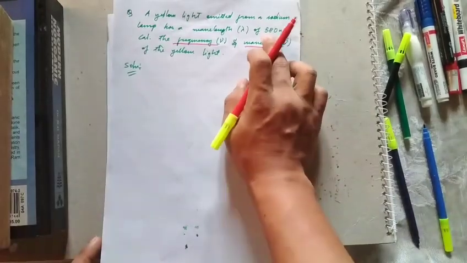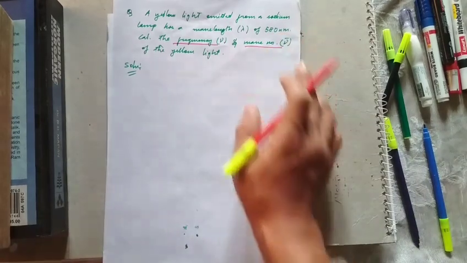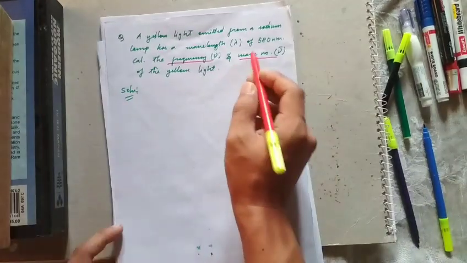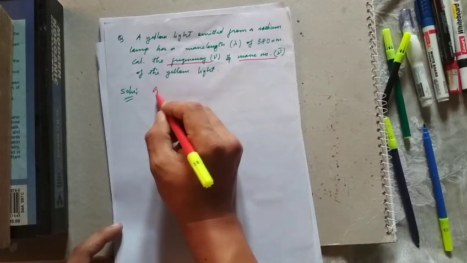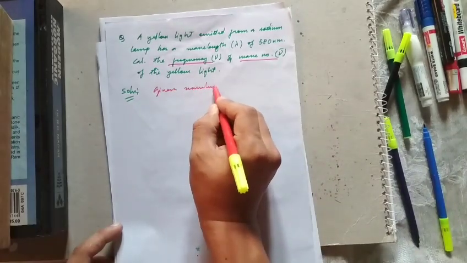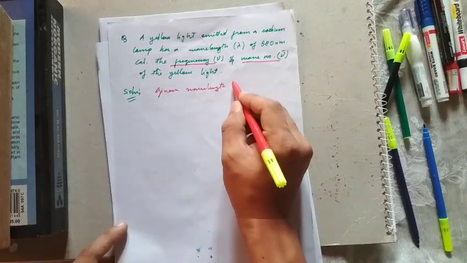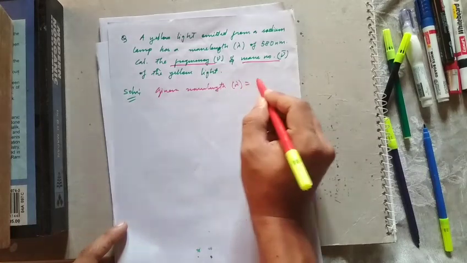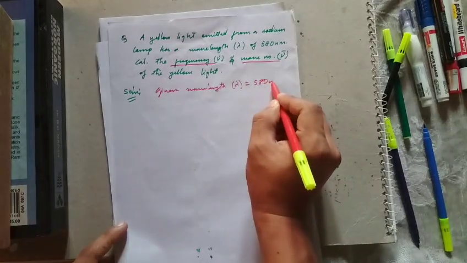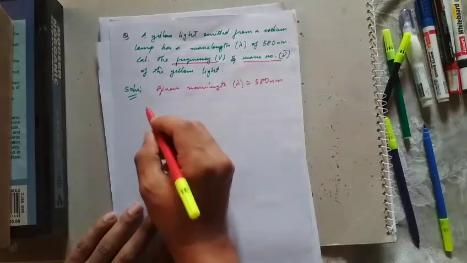Yellow light means it is in the visible region. So what is given is the wavelength, 580 nanometer.